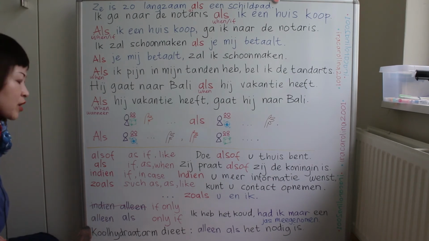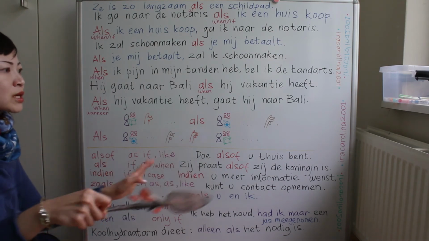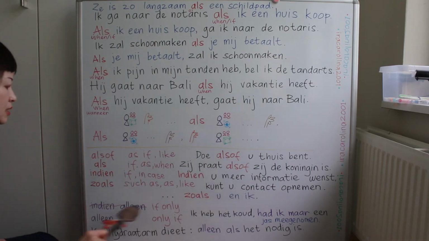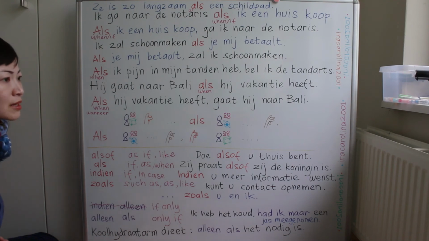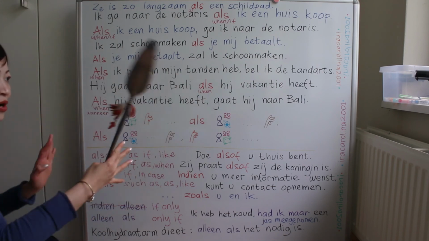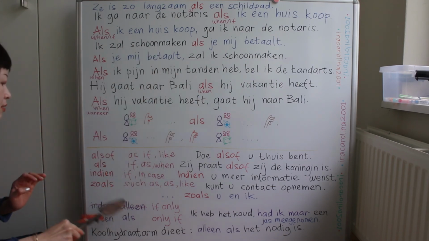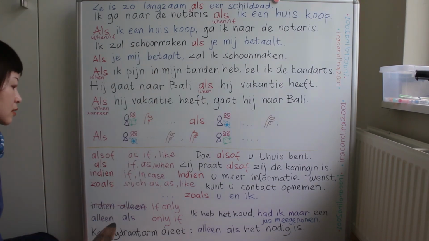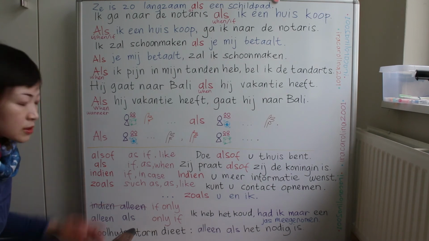Sometimes you have to separate the Indien and Alleen. So if blah blah blah and then only blah blah blah. So we cannot say this as if only. It's kind of hard to find a sentence with Indien Alleen together side by side.